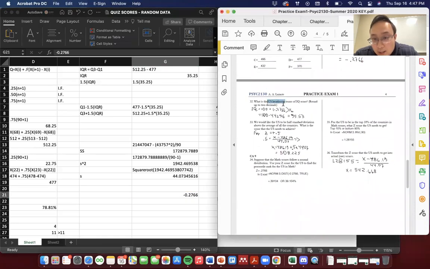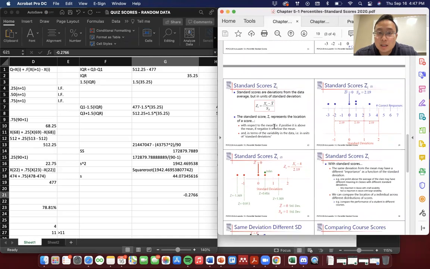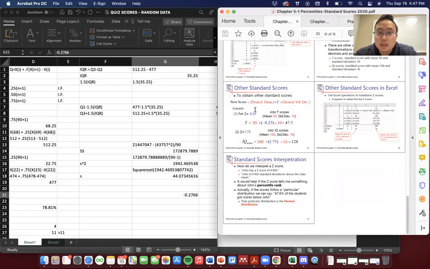What is the US location in terms of IQ scores? Okay, well, let's go back over here real quick. Standardizing scores. SATs are standardized scores. GREs, MCATs, standardized scores.